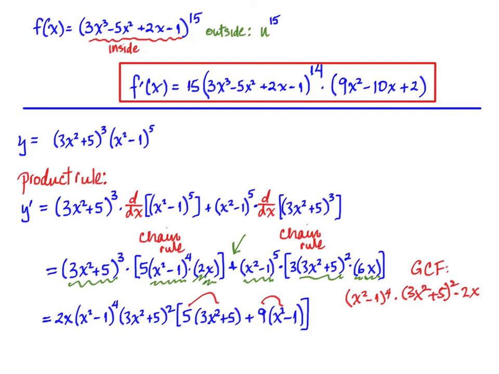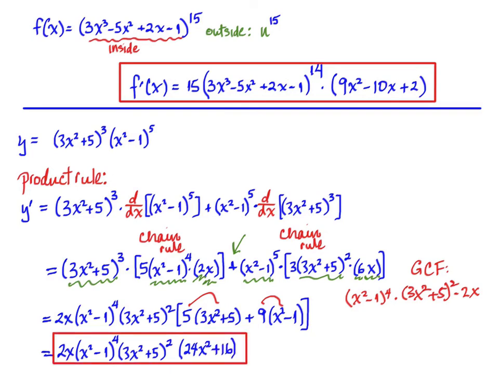So I have a 15x squared plus a 9x squared, and then I have a 25 minus 9, so let's write it down. The final answer is going to be 2x times x squared minus 1 to the 4 times 3x squared plus 5 squared times 24x squared plus 16. And that's it, completely simplified, so WebAssign will be happy.